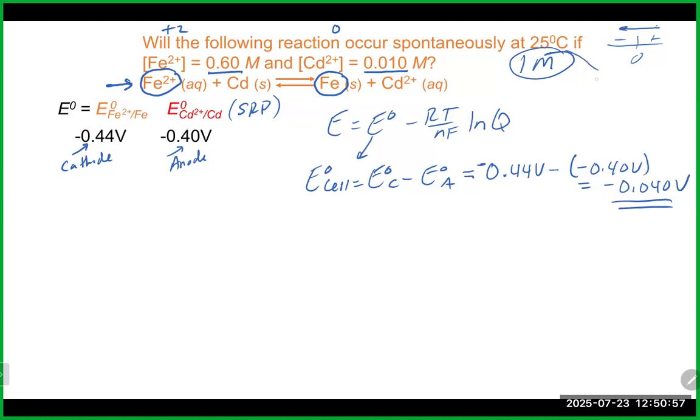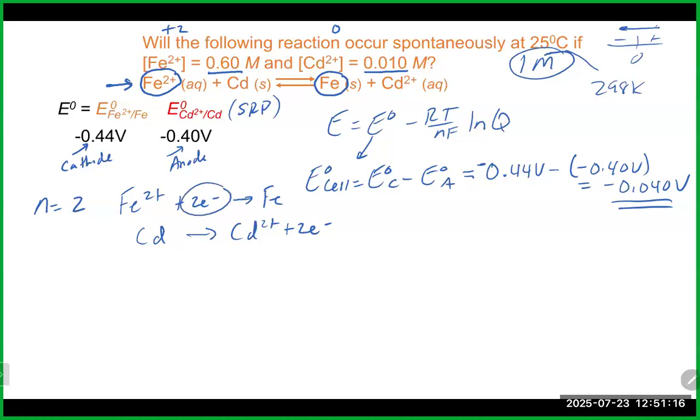We have our temperature, which is 298 Kelvin. Our N in this case is also going to be 2, as we have our iron 2, and in the case of cadmium, we have cadmium giving up 2 electrons. So N is going to be 2. I think that's almost everything we need.